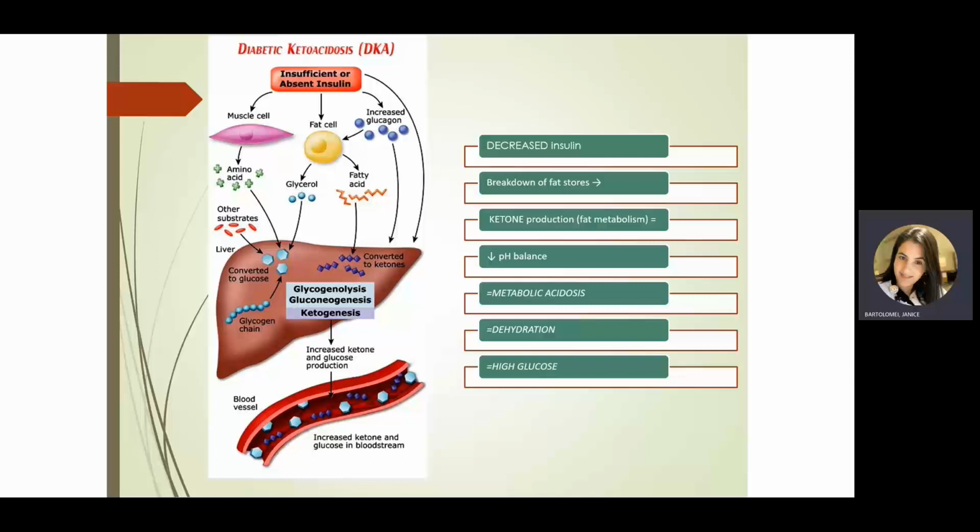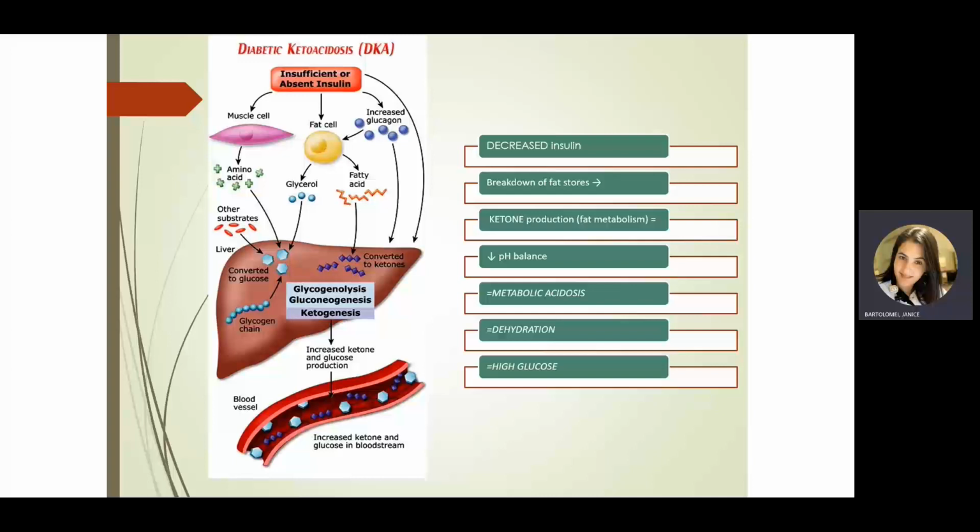Then your body starts breaking down fats in order to give energy and basically give glucose molecules to these cells that are starving. The breakdown of the fat cells produces these ketone bodies, which are very acidic, and then they lower the pH, which then turns into a metabolic acidosis state.